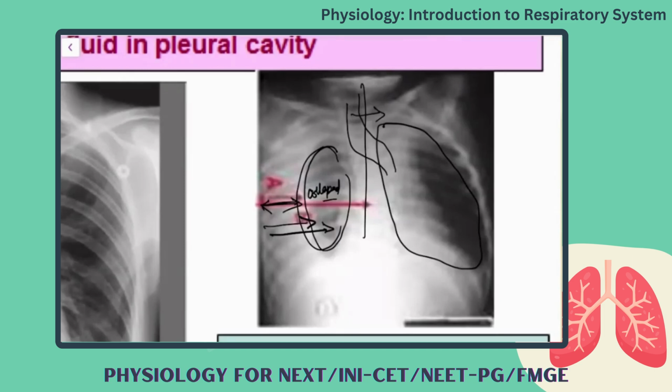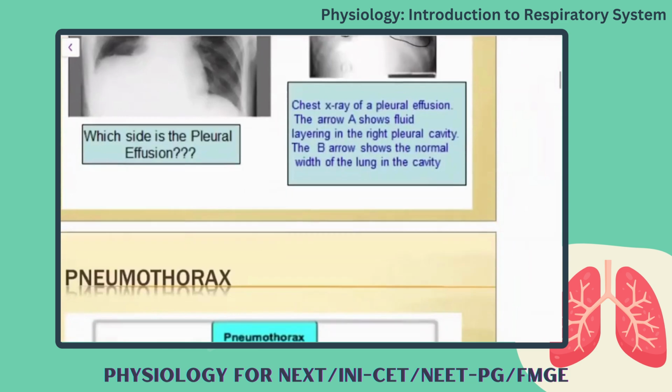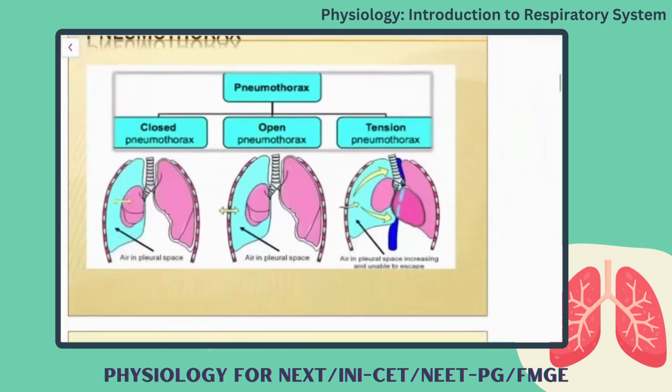If there is only a pressure build-up that makes air leak inside the pleural cavity, that you will encounter as closed pneumothorax. In detail, all those things you will also encounter in respiratory pathology. So these are the two clinical conditions you will see. This is the pictorial representation of closed and open pneumothorax.